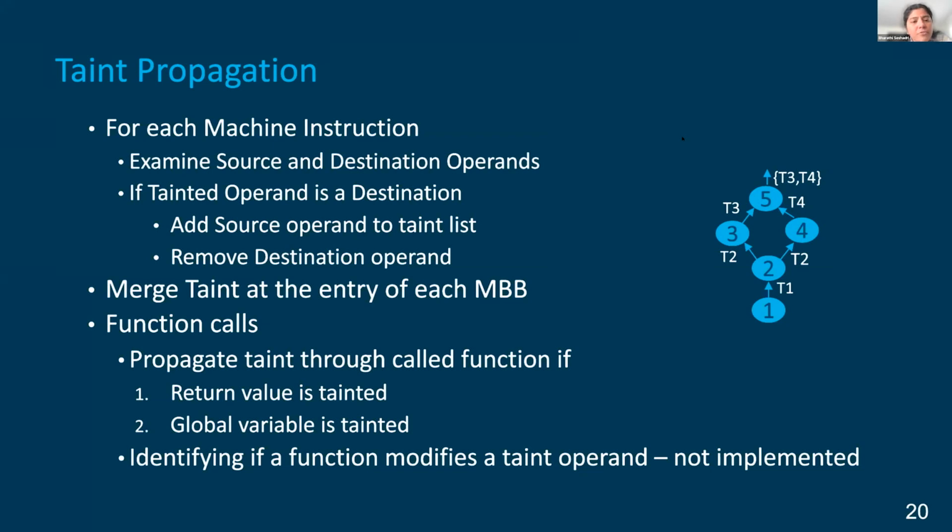And when we encounter a function call, currently we propagate the taint through that function if either of the 2 conditions is true: if the return register, say RAX in the case of x86, is tainted, or if a global variable is in the taint list. So presently we do not have a way to identify if an input parameter that is tainted is modified within that called function.